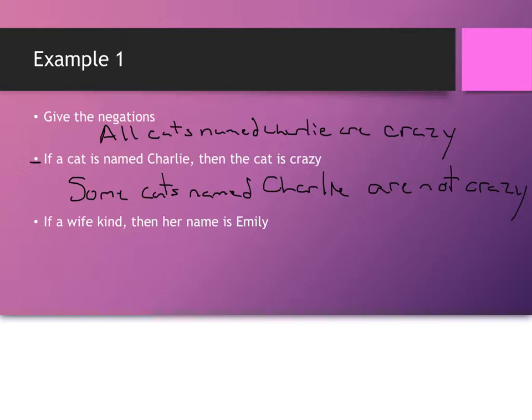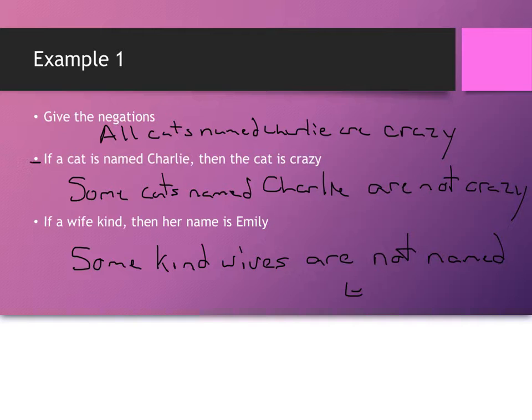So, this second one: if a wife is kind, then her name is Emily. What you'd have to do is say some kind wife or wives are not named Emily.